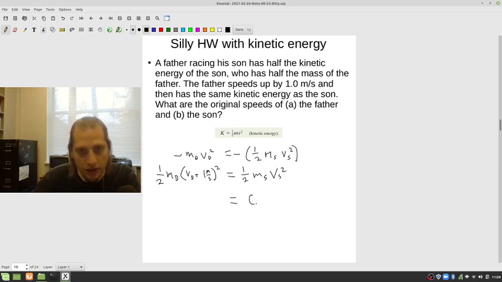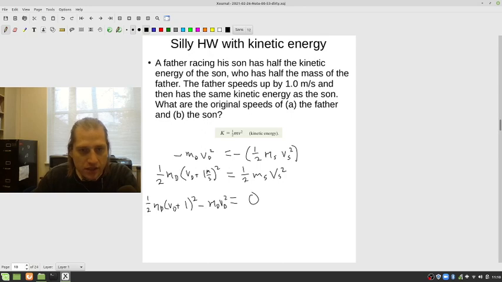And it looks to me like I have 0 equals 1/2 m dad times (v dad plus 1 meter per second) squared minus m dad v dad squared. Now look at how nicely this worked. Because I have a 0, I can divide by the mass of dad, and it's still going to work.